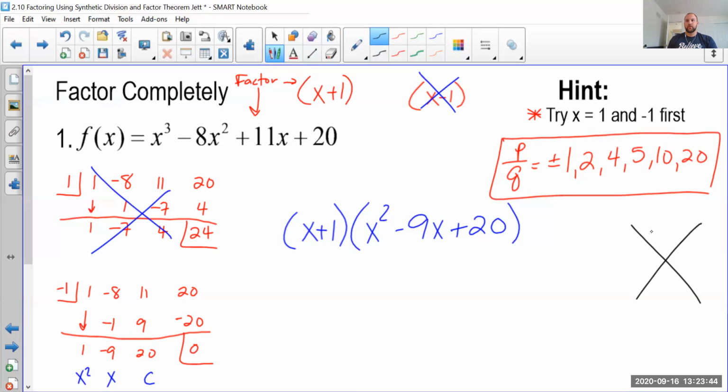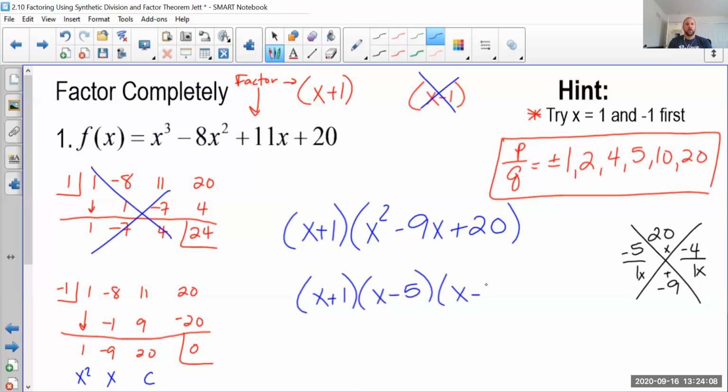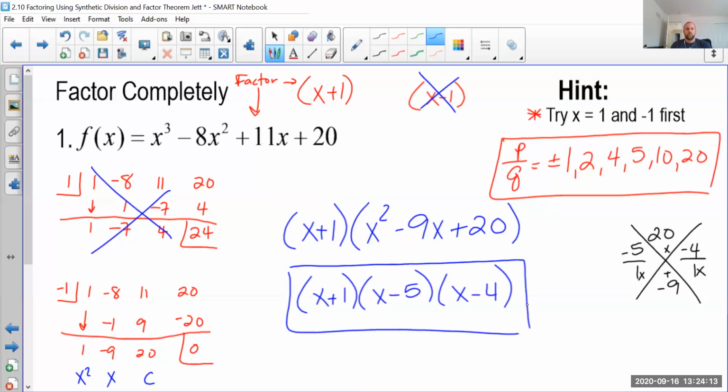A times c goes up here, so 20. B goes down here, so I want to multiply into 20, add into -9. So that should be -5 and -4. So leave my x plus 1 out front. I have x minus 5, x minus 4. That's my final answer.